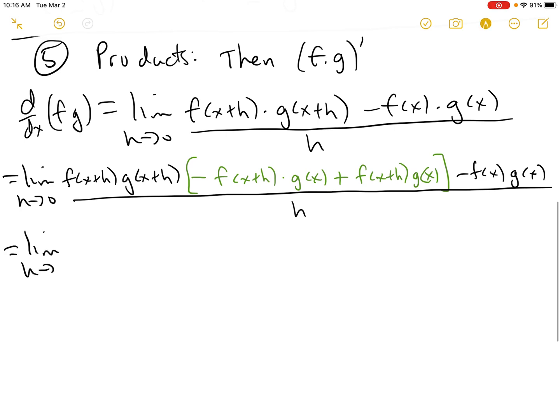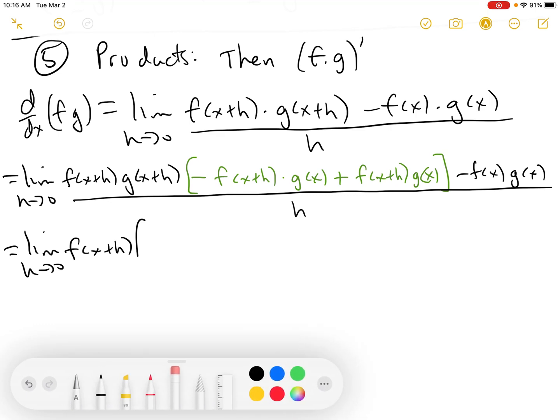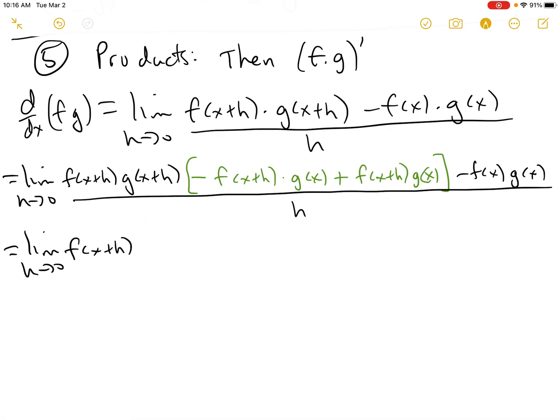So now we're going to separate these out. And from the first two terms we factor this out. F of x plus h, and I don't like what I have in my notes here, so I'm going to fix it. Hold on. Here we go. This is better.